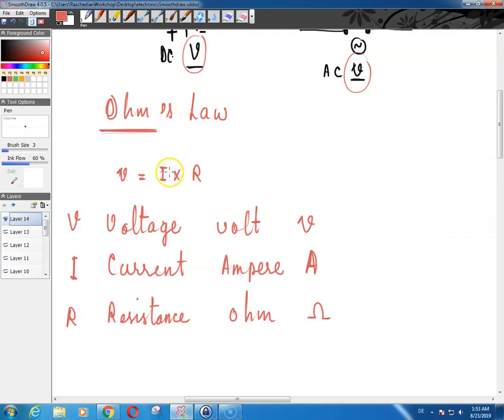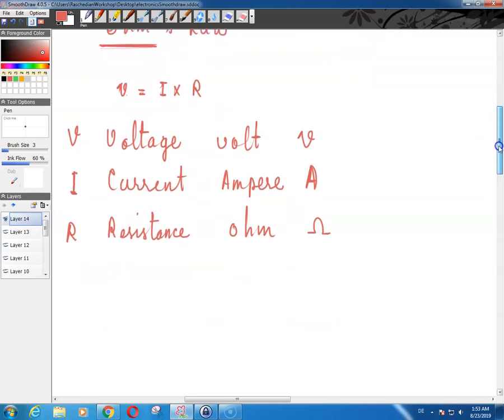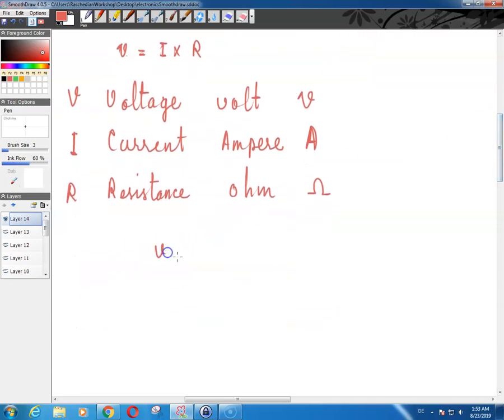And of course, you know enough about algebra. When you say V is equal to IR, there is a direct relationship between V and R, and between V and I. For example, if you keep your I constant and you increase your V, R has to be increased, because otherwise this wouldn't remain an equation.